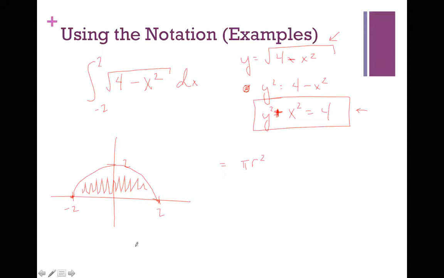The problem is we don't have a full circle, so it's half of that value. My r is 2, so my answer is 2 pi. The answer to this question is 2 pi.